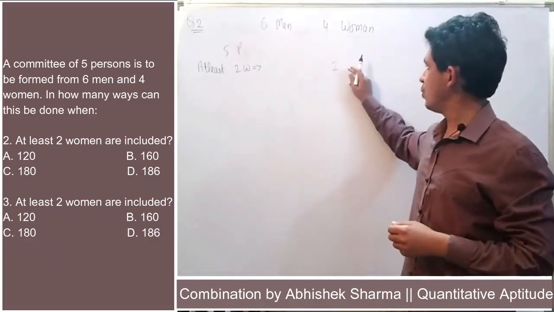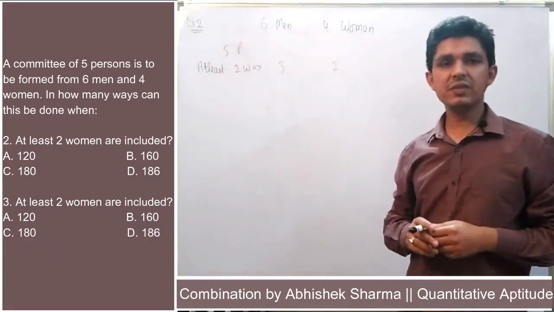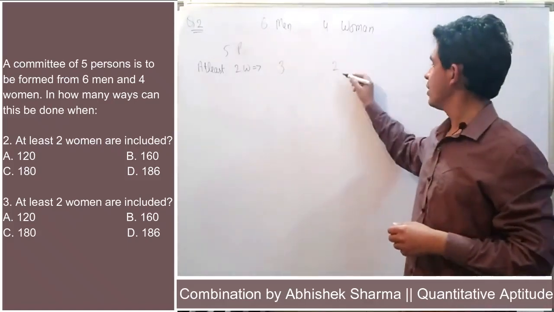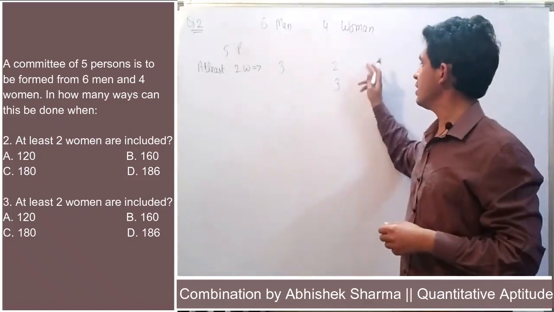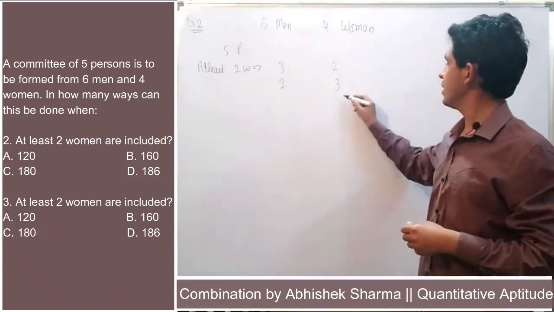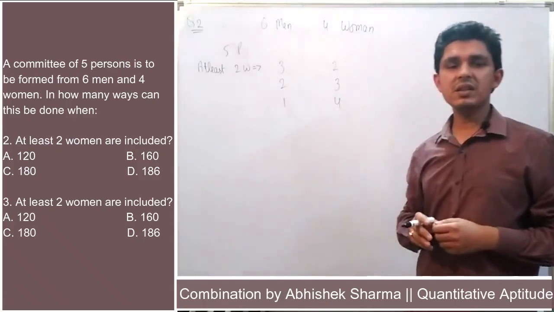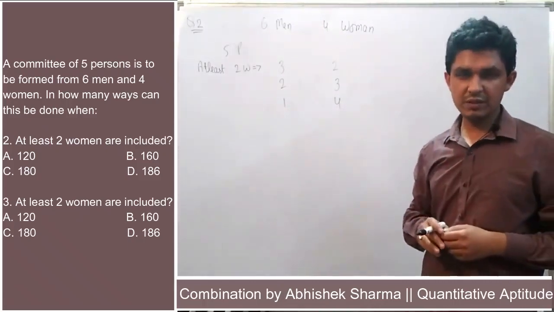And when 2 women have been selected, for 5 we should select 3 men, or we can select 3 women and 2 men, or we can select 4 women and 1 man. So in these 3 ways the selection can be done.